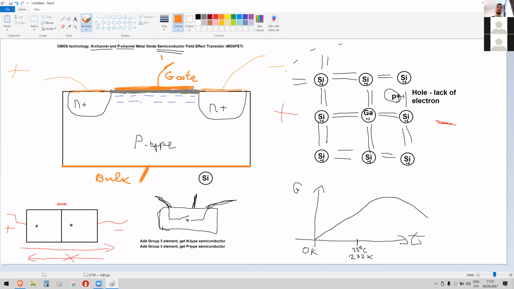So if we put positive voltage on gate and negative voltage on the bulk, the electrons that are inside this p-type material get repelled by this minus, they are pushed away and they are attracted to this positive gate. So electrons run to this location. There are so many electrons that they overrule the p-type material. This material starts to look like n-type.